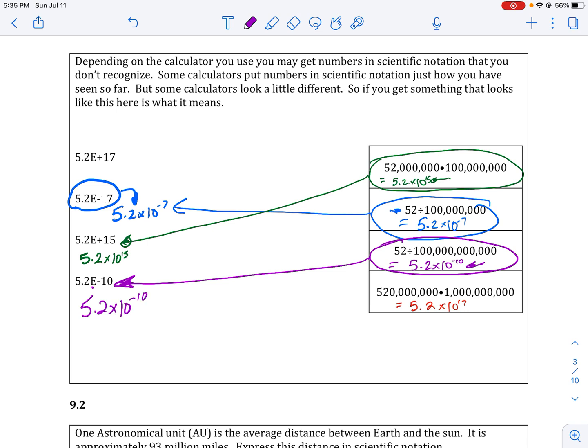Remember, the E tells you the exponent is negative 10 in scientific notation. And then our last one, if you were to plug that into a calculator and you get this as your answer, that means 5.2 times 10 to the positive 17th. This is to help you out with all different types of calculators.